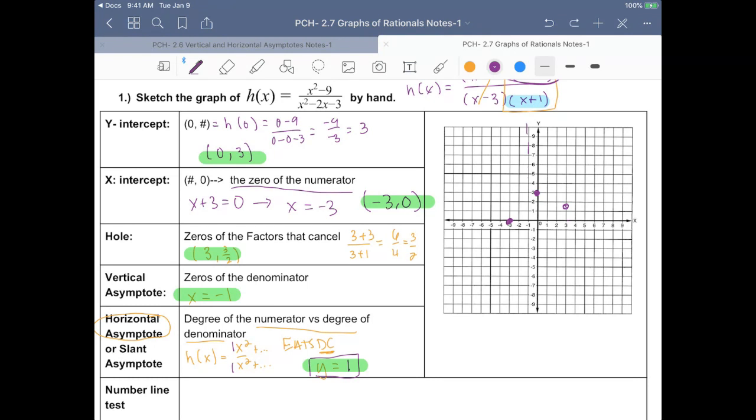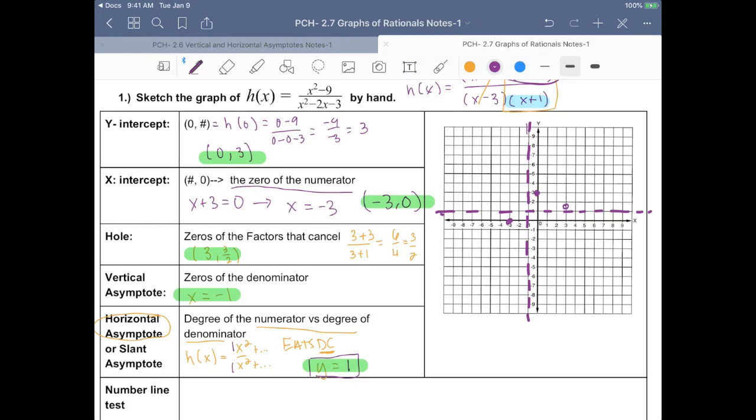So kind of hard to see. And a horizontal asymptote at y is equal to 1. Alrighty, so I know in order to be a function, every input will have an output, a consistent output.